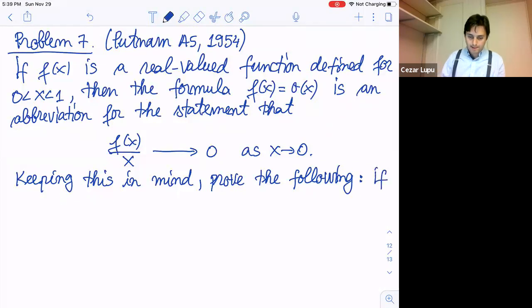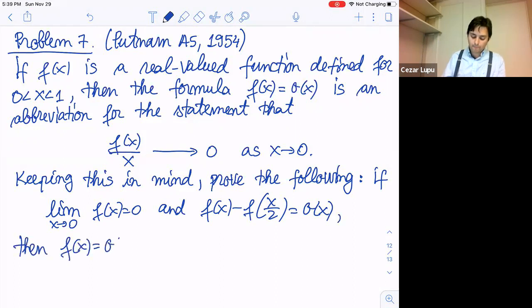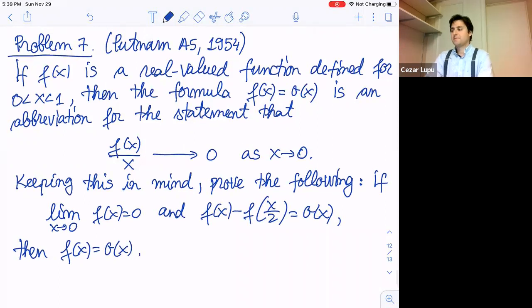If the limit of f of x is 0, and let's say that f of x minus f of x over 2 is little o of x, then f of x is actually little o of x. Okay, so that's the problem. I want you to look at it.